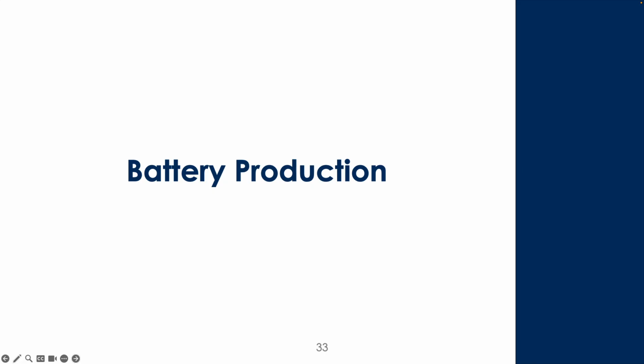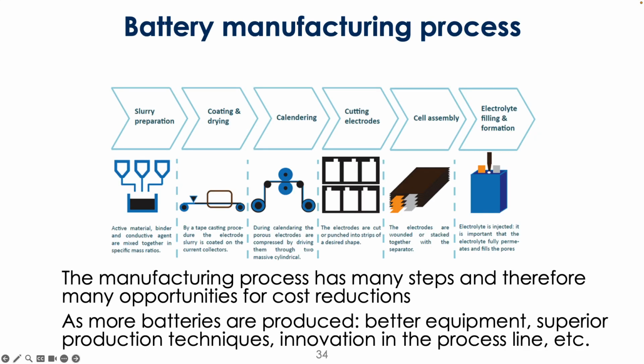Okay, moving on. The next piece to talk about is battery production. So how do we actually build these batteries? We're not really going to get into the nitty gritty of the full manufacturing process, but this at least gives some scope so that we can see in general what that process looks like. There are a lot of steps: slurry preparation, the coating and drying, calendaring.